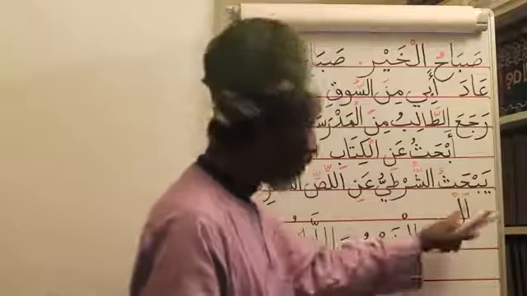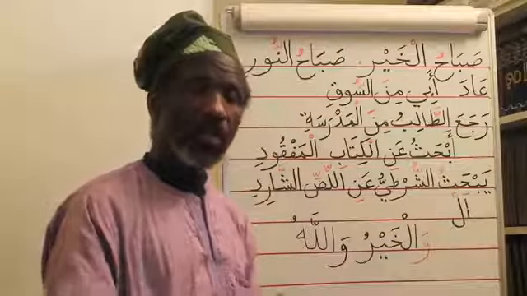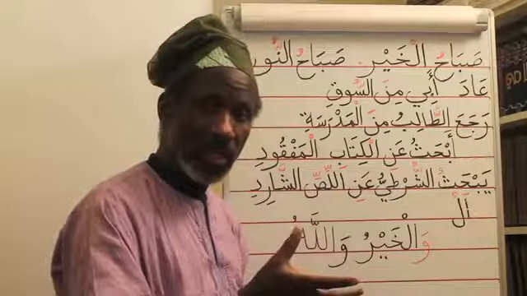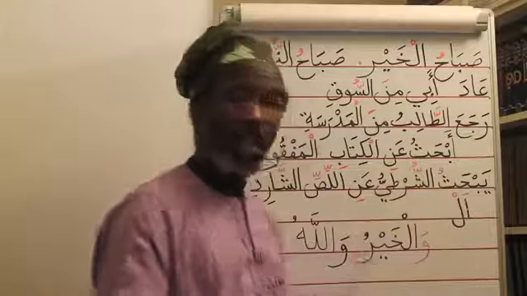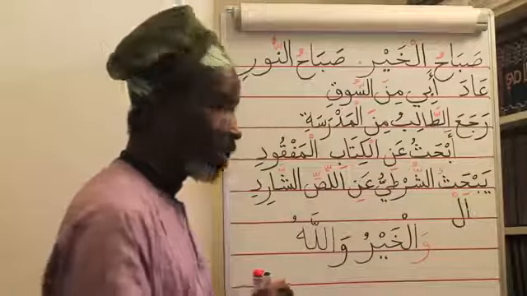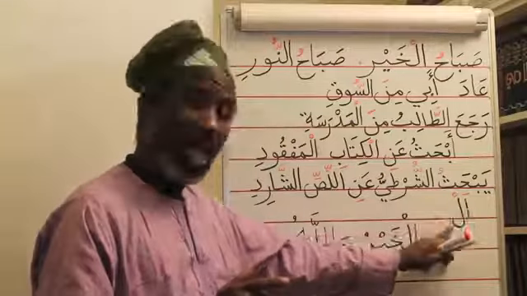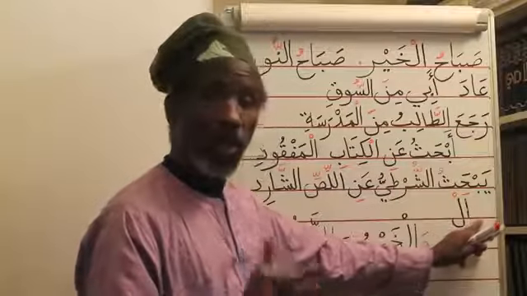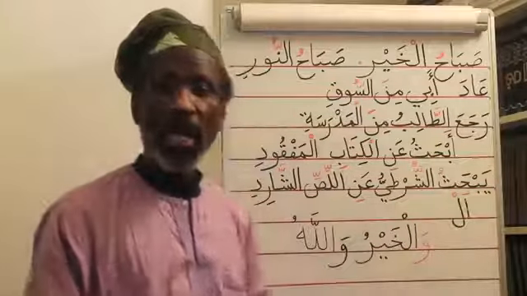The lam of L, we've already learned that if you have a sun letter attached to it, that sun letter will be carrying shadda, and therefore the sukun on the lam will be suppressed. So you can deduce from that the following. If you have a sun letter after L, and you have a word or letter before the alif, both of them can actually become silent.